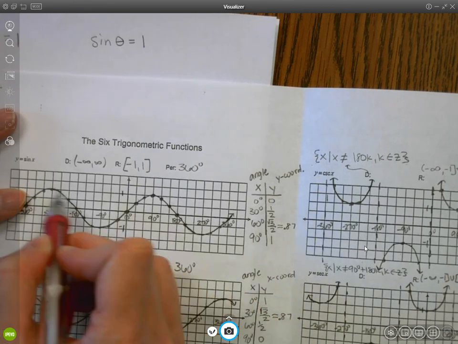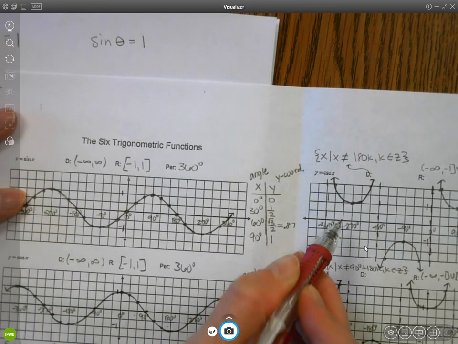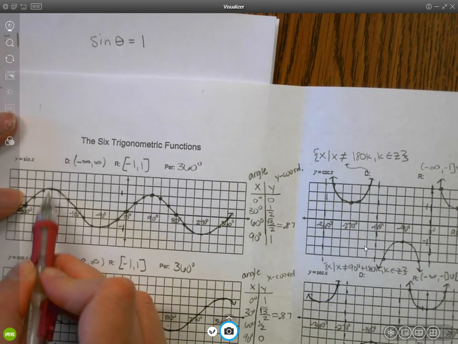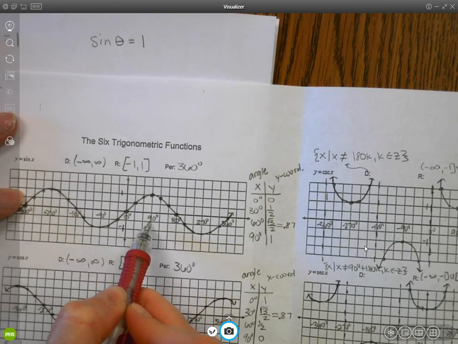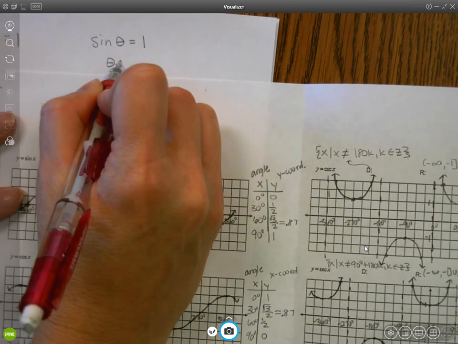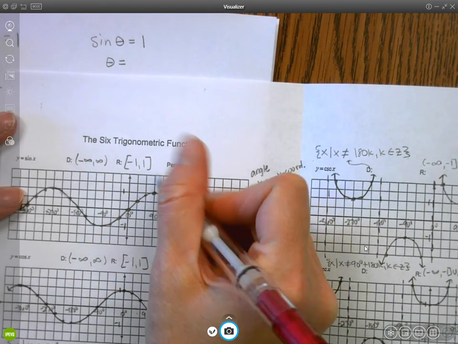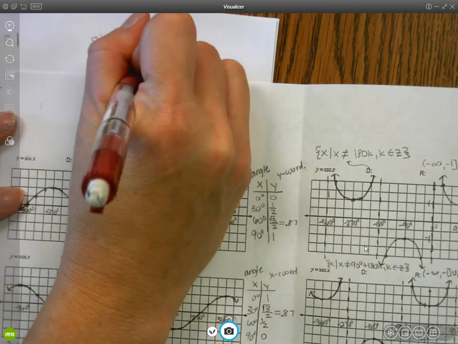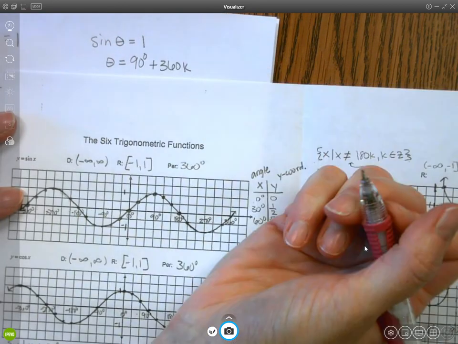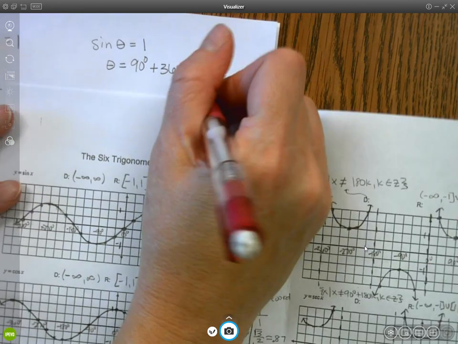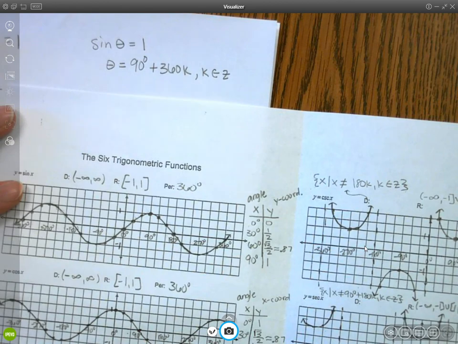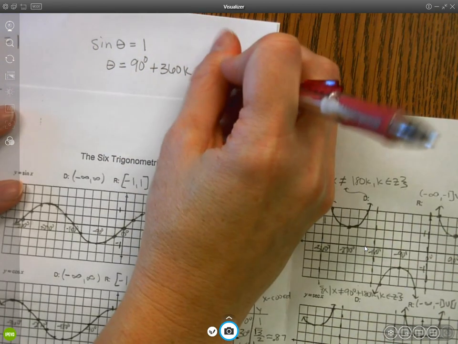It's going to keep happening over and over again, every 360 degrees, because it was at negative 270, and the next one's at 90. That's 360 degrees apart. So we can say that theta is equal to, we know it happens at 90, that's the first positive one, and they happen 360 degrees apart. So we just say plus 360k, and anytime you put k in there as a multiplier, you have to say that k is an integer, and that's all that that little statement is saying, is k is an element of the integers.